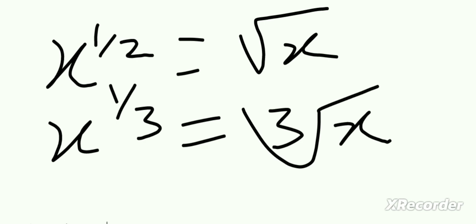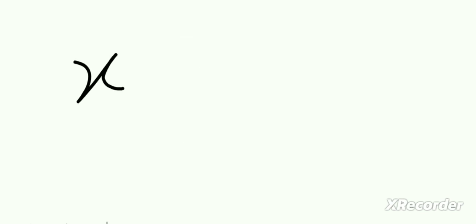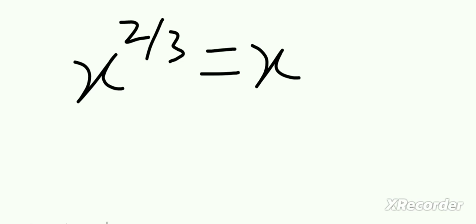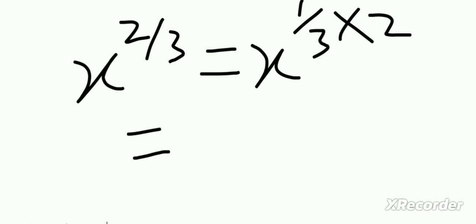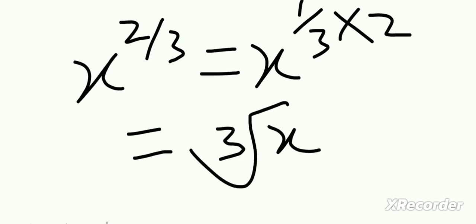Also, if the number on top is not 1, for example, if what you are given is x to the power of 2 over 3, if you split the power, this gives us x to the power of 1 over 3 times 2. Applying what we know so far, this gives us the cube root of x to the power of 2.